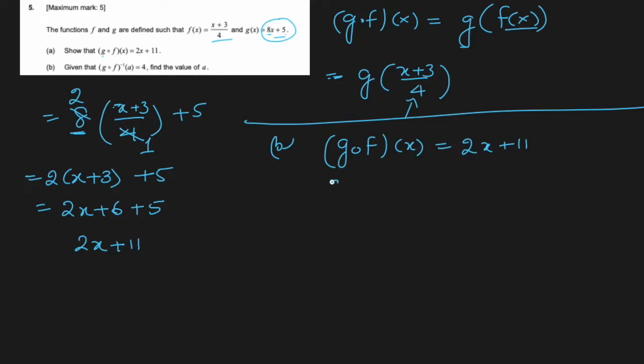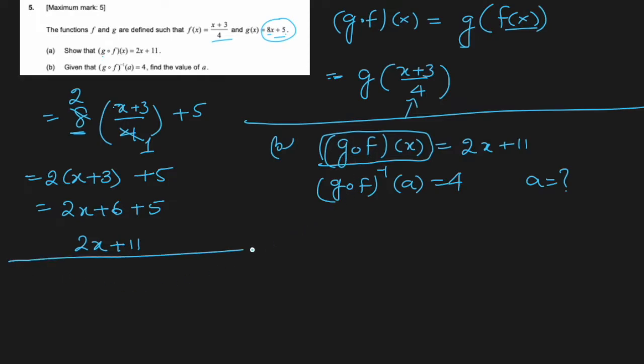They're asking us g(f inverse(a)) equal to 4. This is what they've given us, and they're asking what is a. Basically, we have to find the inverse of this one. So let's call this g of f some other function, let's say k. k(x) is 2x plus 11.